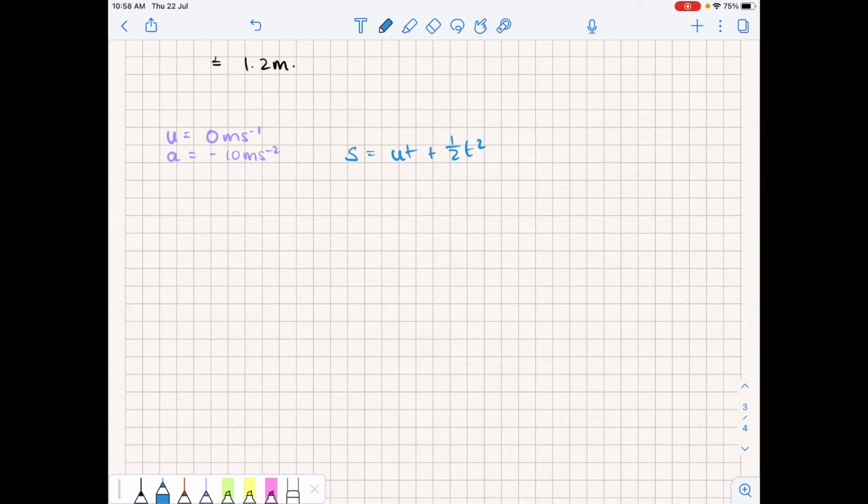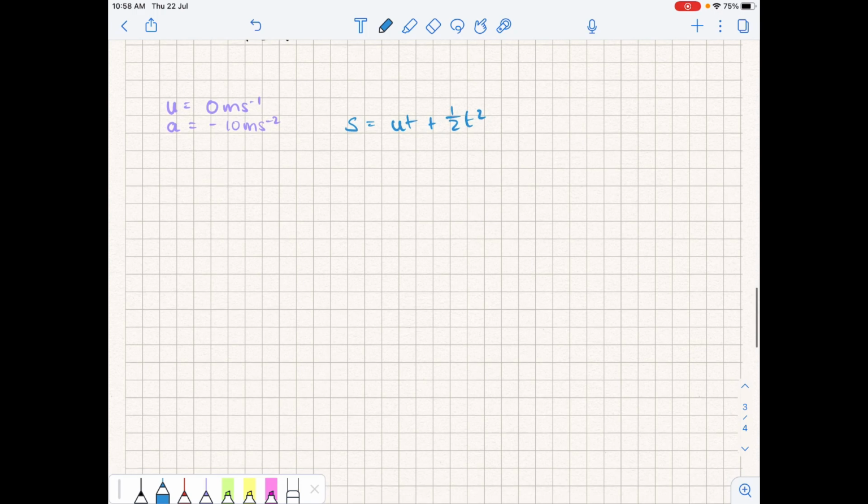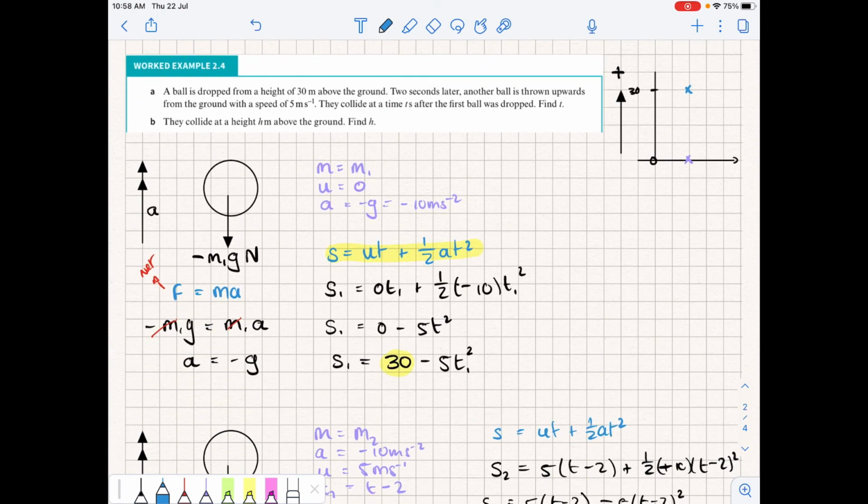But also consider that its starting displacement isn't 0, it's 30 meters, because this ball started 30 meters above the ground. We didn't consider its starting location as the starting point; we considered the ground as the starting point. If we had considered its location as the starting point, we wouldn't need to consider any initial displacement.